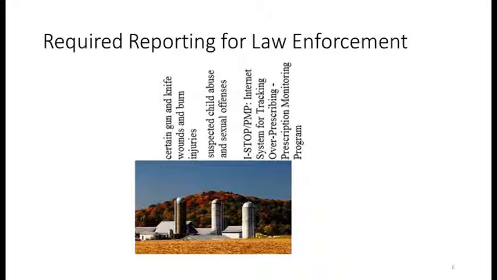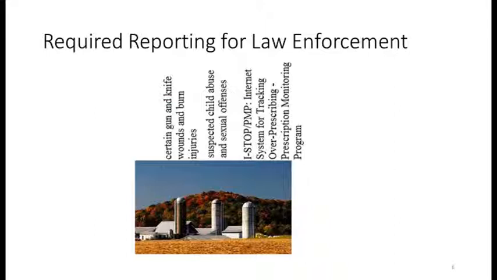Okay, so on the next slide, there's also required reporting for law enforcement purposes. Sometimes this type of reporting is made to the police authorities, such as in New York State, certain gun and knife wounds in hospitals have to be reported to the police. There's child abuse reporting. Those things are not reported to my agency. They're reported to other governmental agencies.